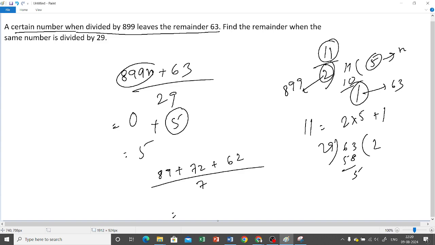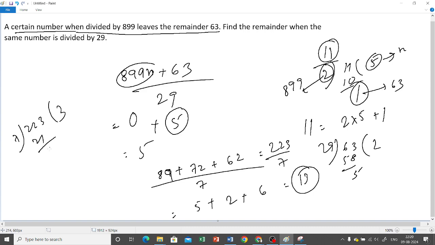When I divide 89 by 7, 7 12s are 84, remainder is 5. When I divide 72 by 7, 7 10s are 70, remainder is 2. 62 gives me 7 8s are 56, remainder 6. If I add all of them, 6 plus 2 is 8, 8 plus 5 is 13. Now you add 89, 72 and 62, you get 223, divided by 7.